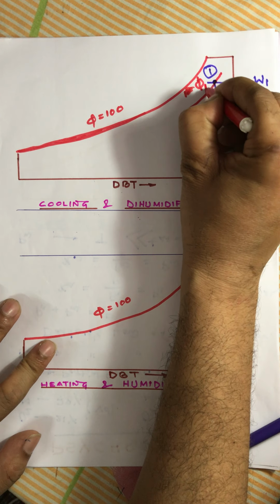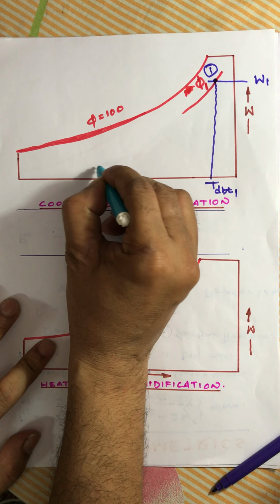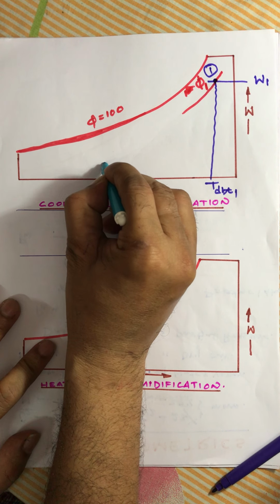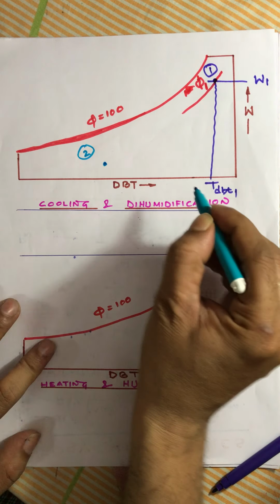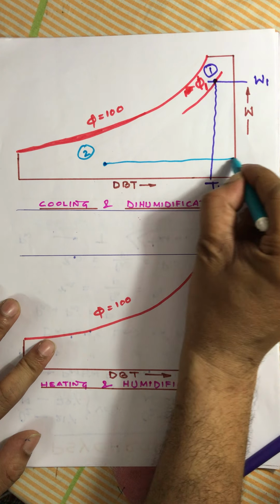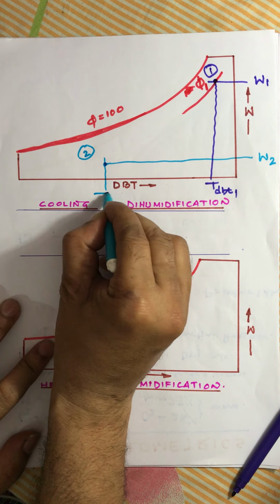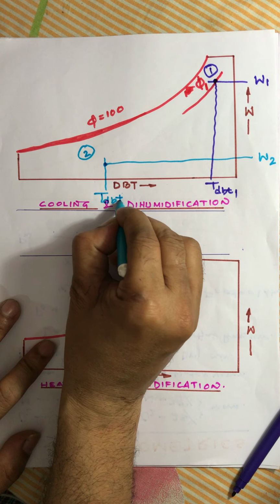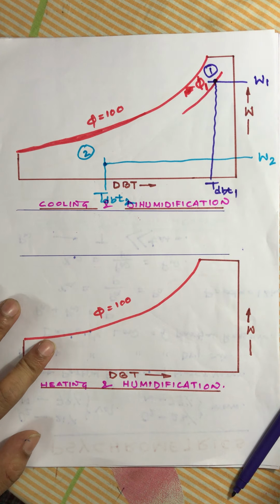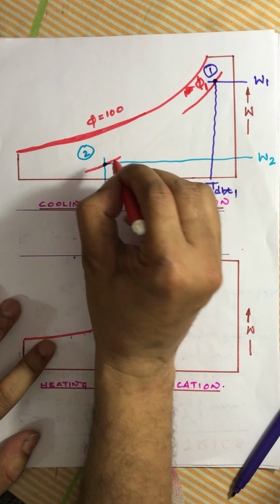Suppose the final state of the room is here, point 2. Here this is W2, this is dry bulb temperature 2, and this is phi 2.